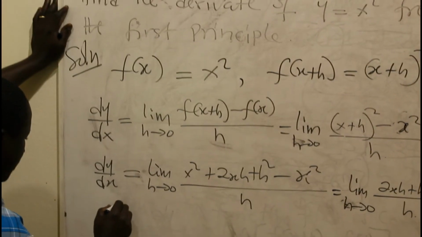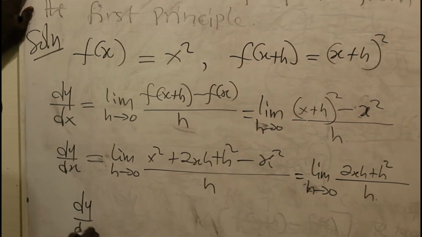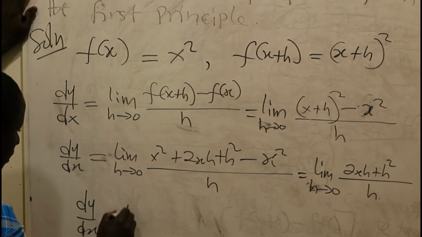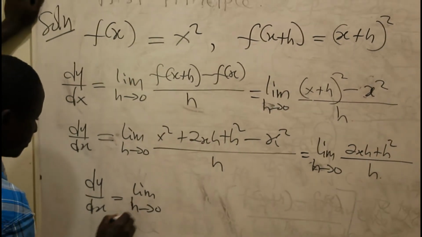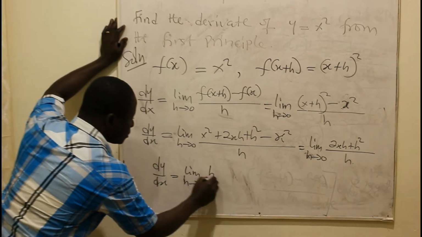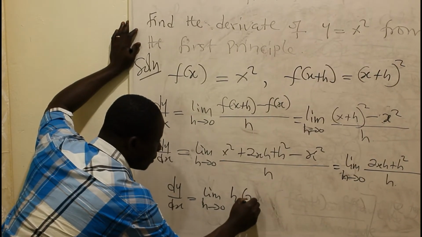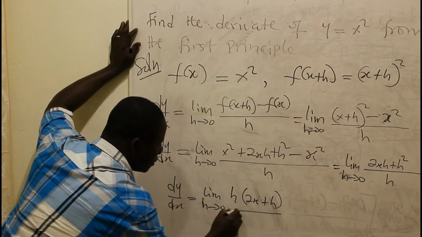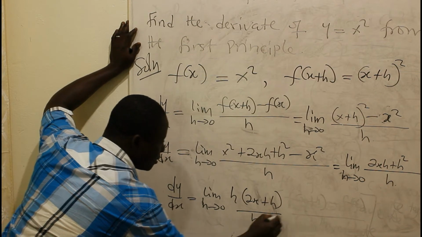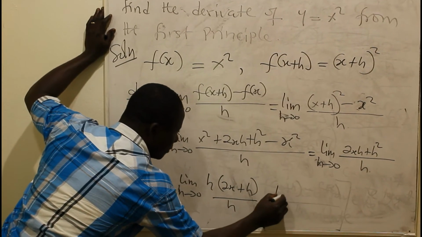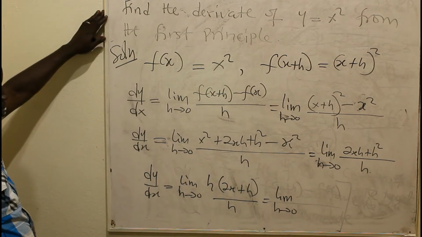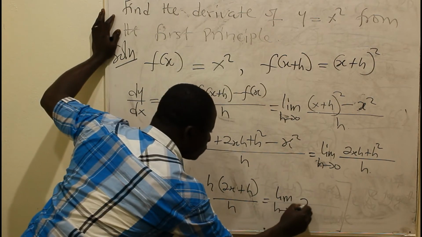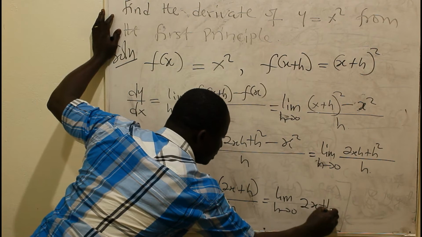So that we have dy dx now equal to limit as h approaches 0 of h times 2x plus h divided by h, and it is now limit as h approaches 0 of 2x plus h.